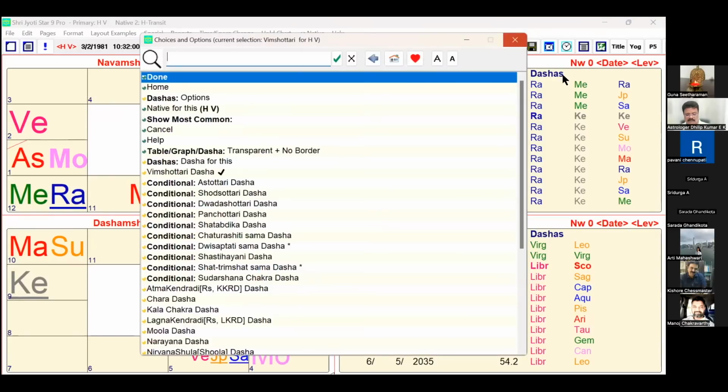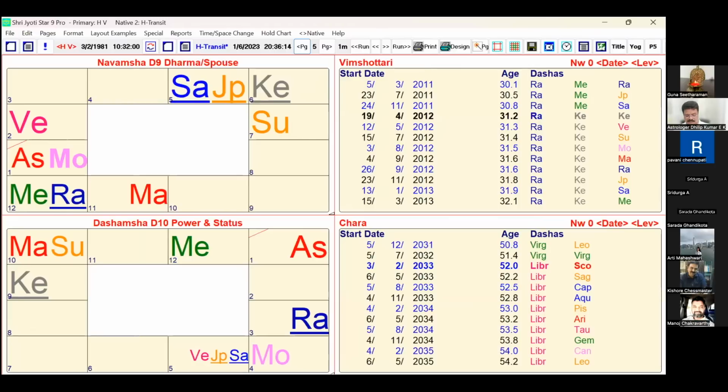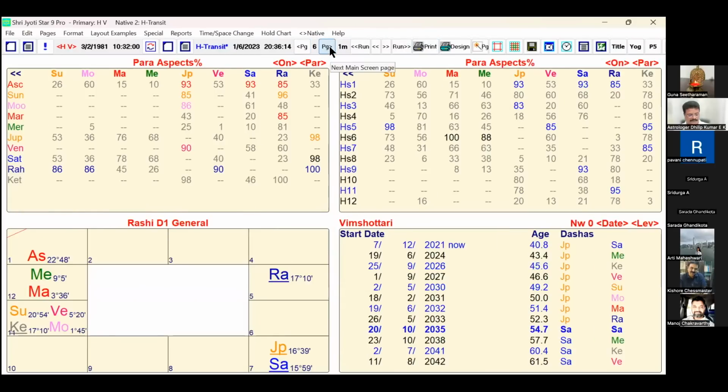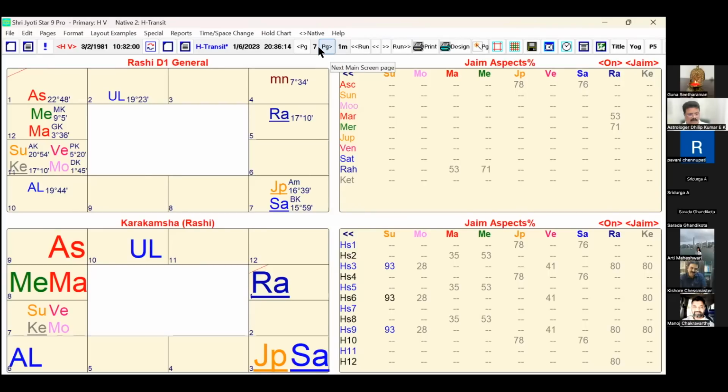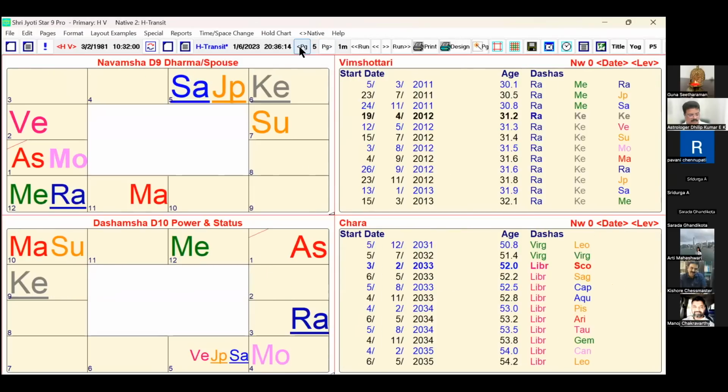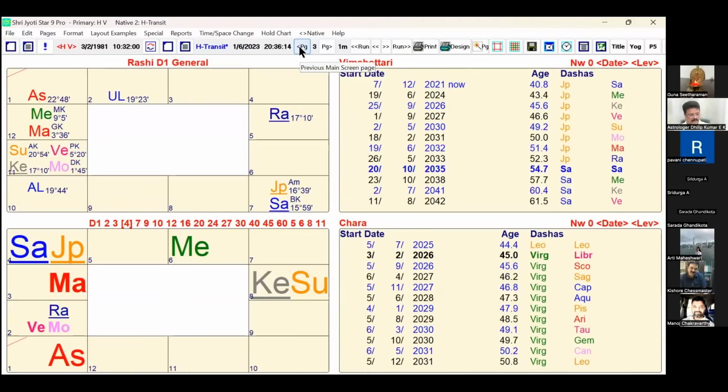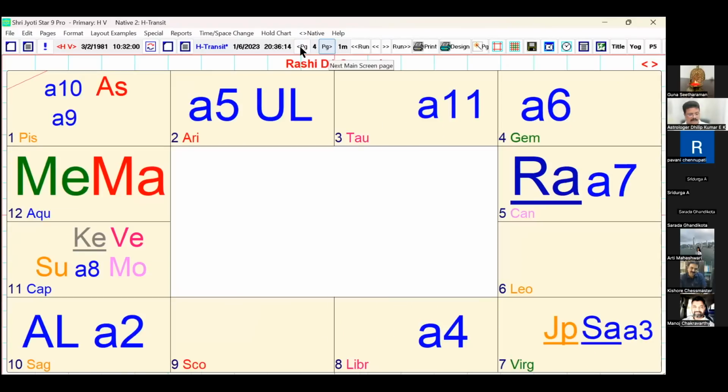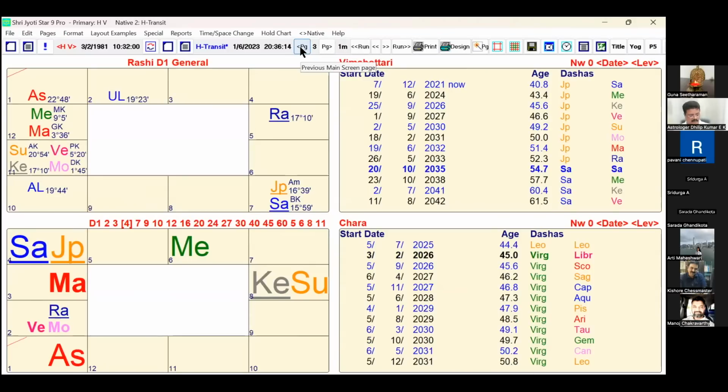Yes, Guruji, that will be better. But we need D1 and North Indian D1. In that page itself, Guruji, where you showed me the two dashas, instead of D9, just click on the previous one. Yeah, this also has this.